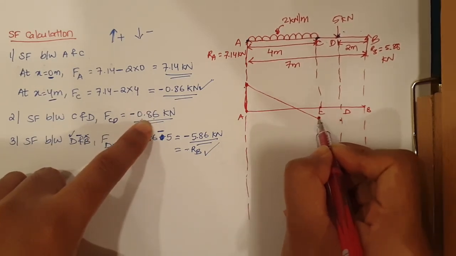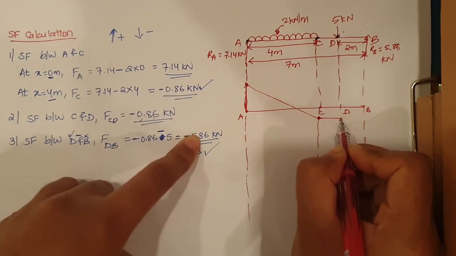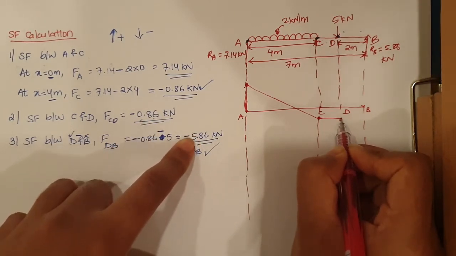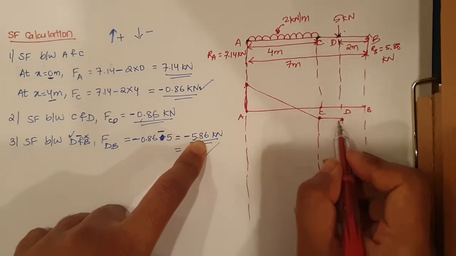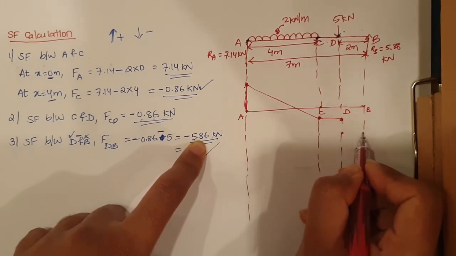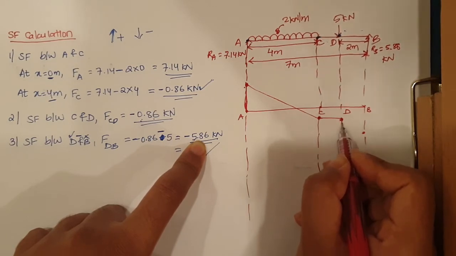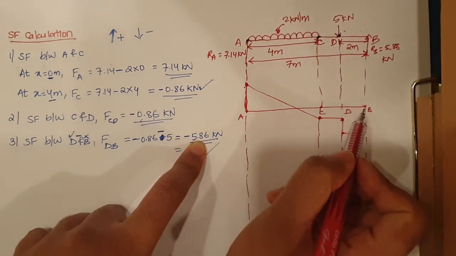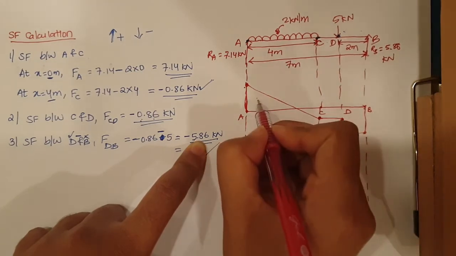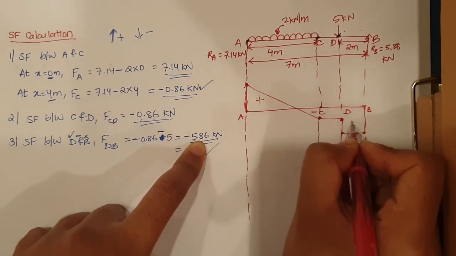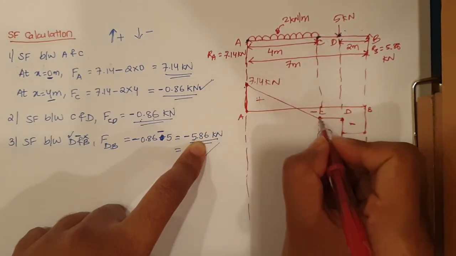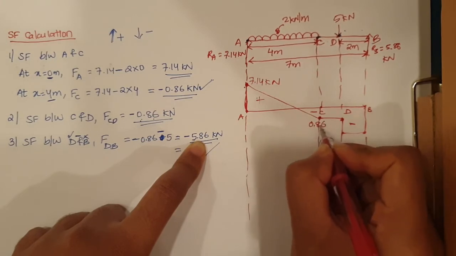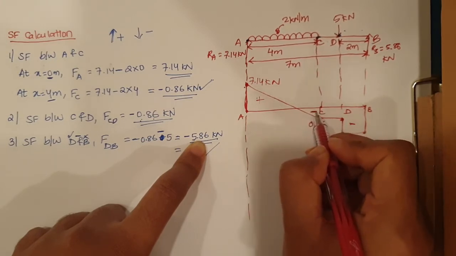So from here to here it will remain the same, 0.86, and on reaching here the force is suddenly decreasing more. So how much is it? -5.86. So -5.86 from D to B, -5.86. So from here to here it is minus, right? So this is plus here and this is minus and minus. So this point is how much? 7.14 kilonewton. This point is 0.86. You don't need to mention minus because here I have already mentioned minus.